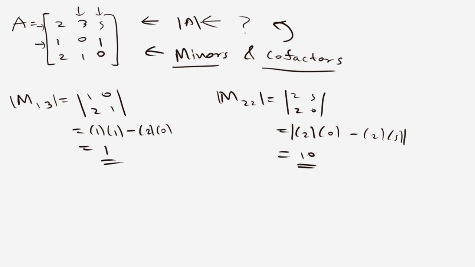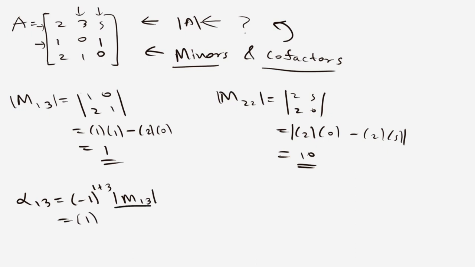So let's find the cofactor of this M 1 3. So we know -1 to the 1 plus 3 times minor 1 3. So 1 plus 3 is basically 4. So -1 to the power of 4 will be just simply 1.